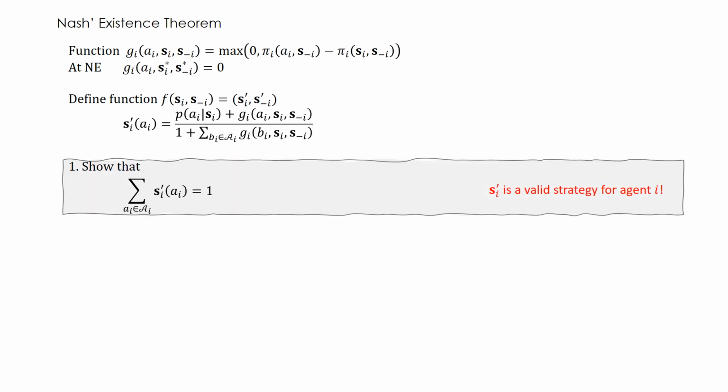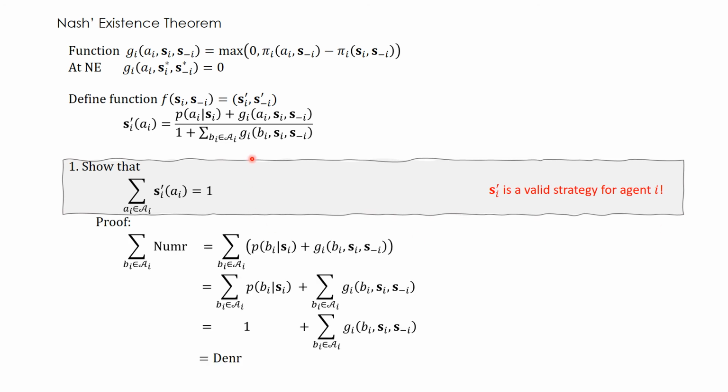We proceed with the first step of the proof. Now, S prime I is a vector, and the sum of the elements of that vector for all actions AI should equal 1. And that means that S prime I is a valid strategy for agent I. So we start with the summation of the numerator, this here, with BI in place of AI.